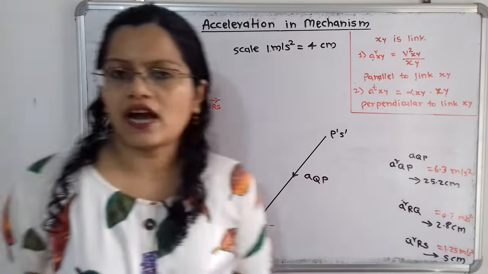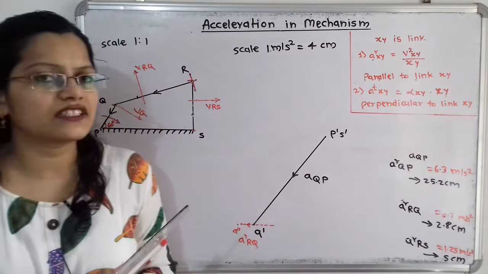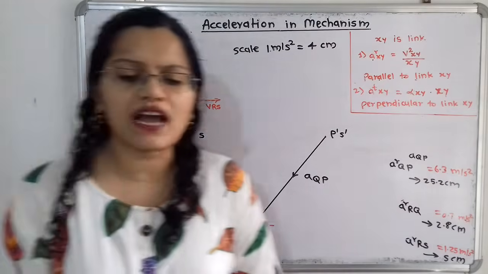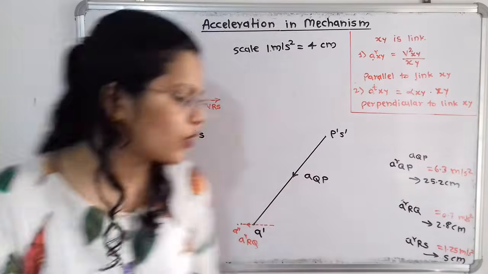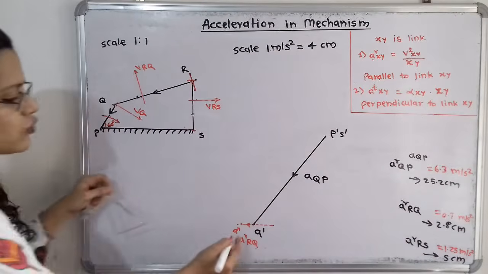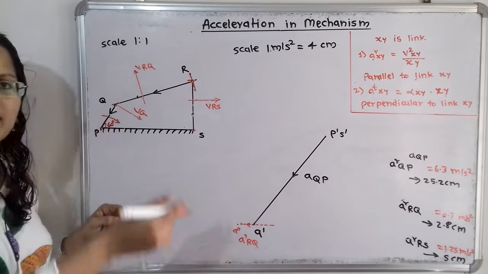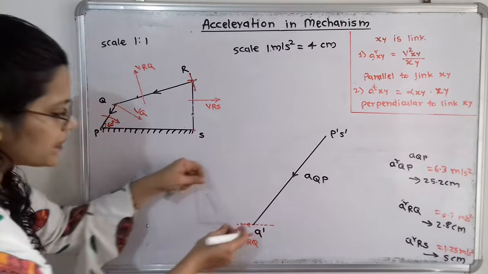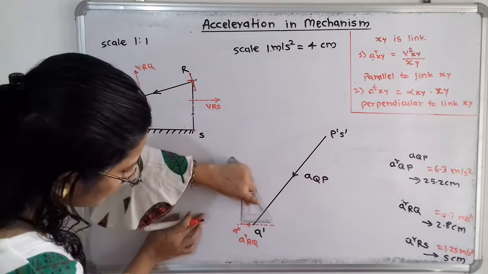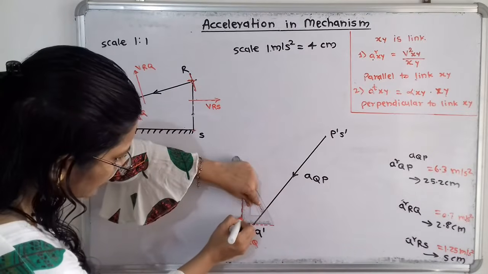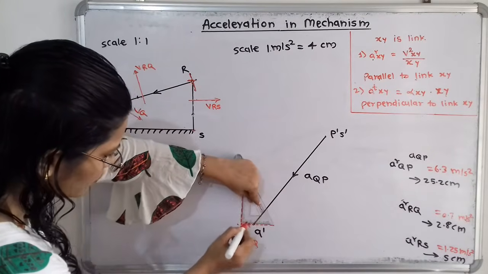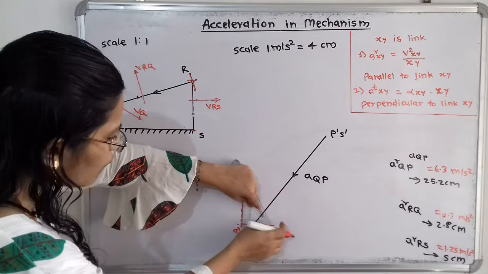Now the tangential component. We know that the radial component and tangential component are perpendicular to each other. So how to select? If I draw a perpendicular line passing through this a double dash on both sides, in the form of a dash, I will draw this tangential component, also in the downward direction.